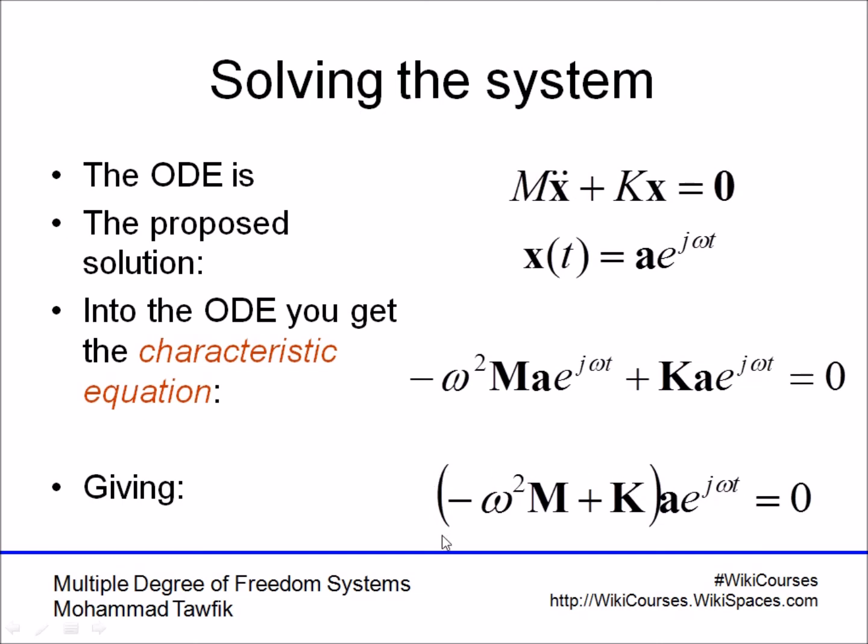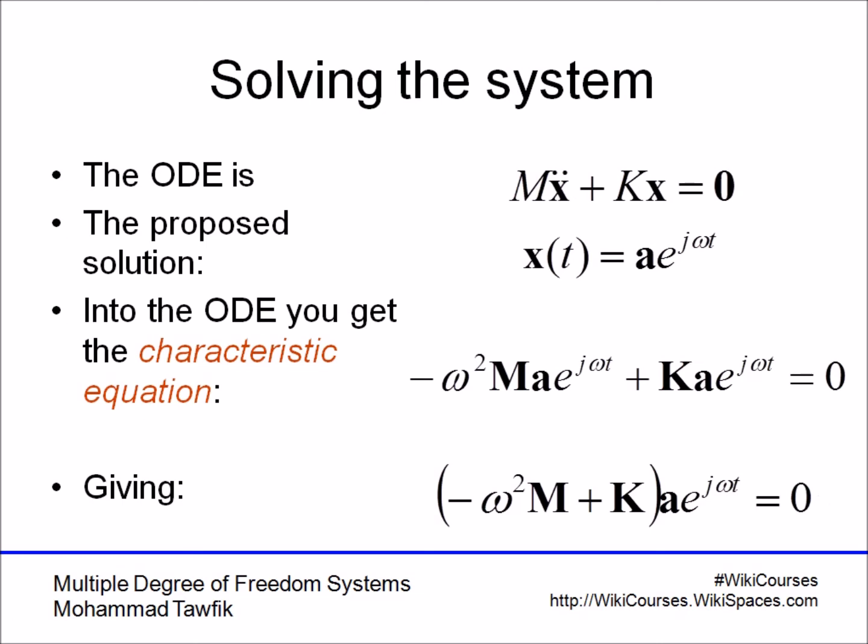You end up with this matrix having to be invertible. If this matrix, which is k minus omega squared m, given any omega, is a 2 by 2 matrix, and you're able to invert it and multiply it by the 0, you'll get 0 equals 0, which is the trivial solution.